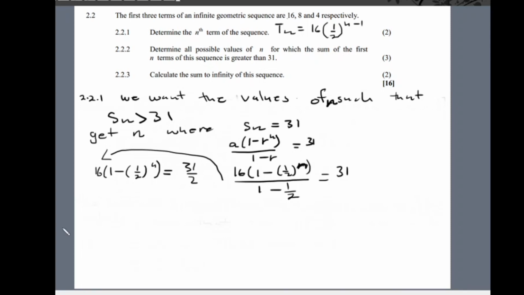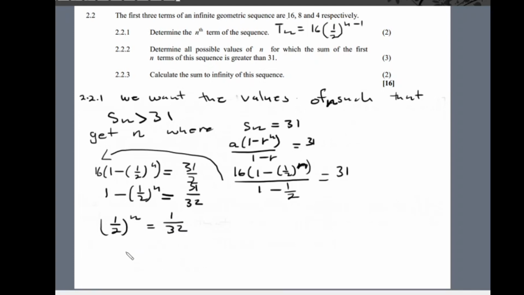So 1 minus 1 over 2 to the power n is equals to 31 over 32, right? Now 1 over 2 to the power n will be equals to 1 minus 31 over 32, which is 1 over 32.